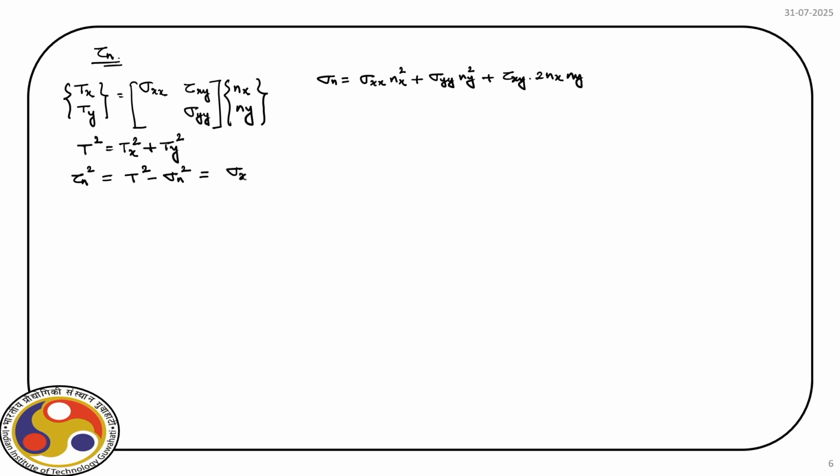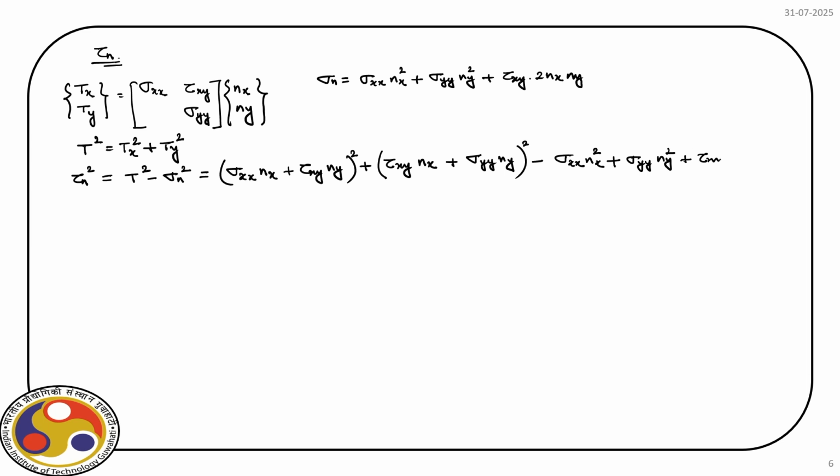So, that will be sigma xx nx plus tau xy ny whole square, plus we have tau xy nx plus sigma yy ny whole square, then minus we have sigma xx nx square plus sigma yy ny square plus tau xy 2 times nx ny whole square. Right. So, what we will do next is we will simplify this expression.